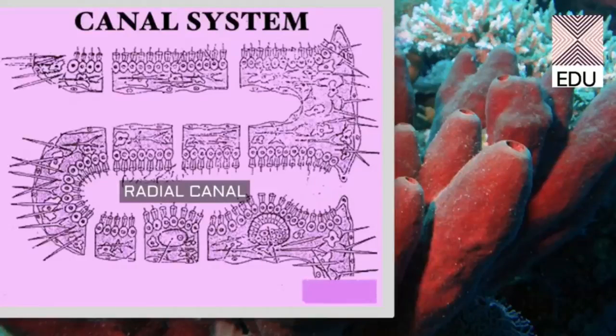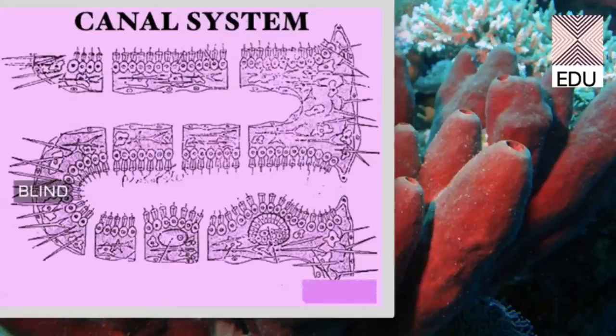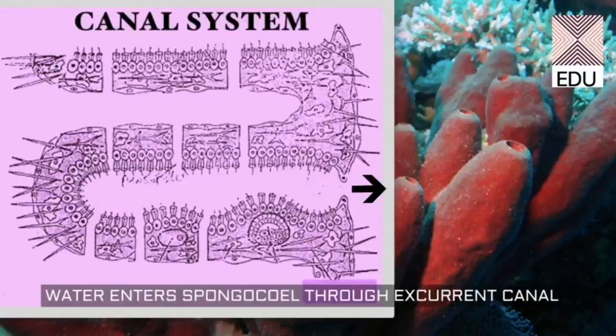So this is the radial canal, and you can see the radial canal is blind on this side. There is no opening on this side. Now this particular part is called as the apopyle. So from apopyle, this water enters into the central spongocoel, the central cavity of the body.